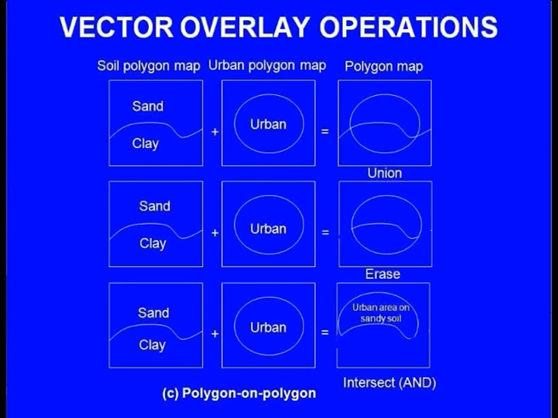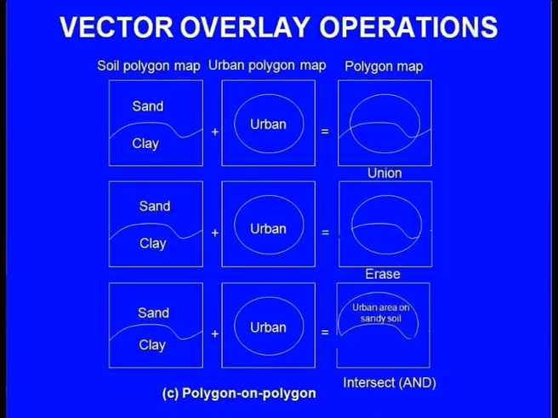In the first case it is a union, wherein we are just overlaying one map over the other, and thus it splits the soil polygon map into two regions, urban and non-urban, and within the urban area the soil map splits the urban area into those areas which have sandy soil and those areas which have clay type of soil.